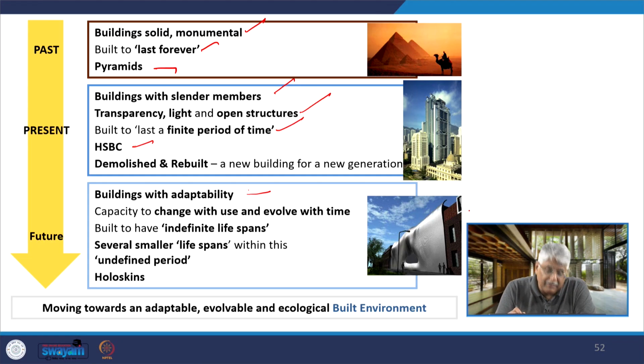They have the capacity to change with use and evolve with time. It somehow reads as if something from the metabolist agenda also. They are built to have indefinite lifespans or several small lifespans within this undefined period, like a building that is thought of called the hollow skins, moving towards an adaptable, evolvable and ecological built environment.